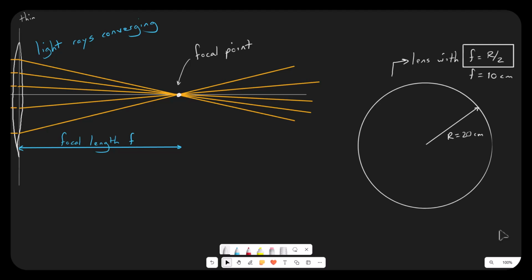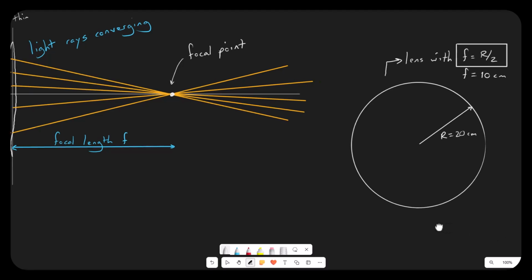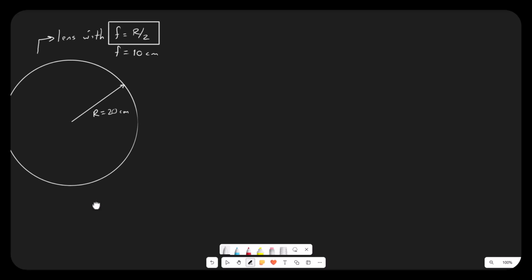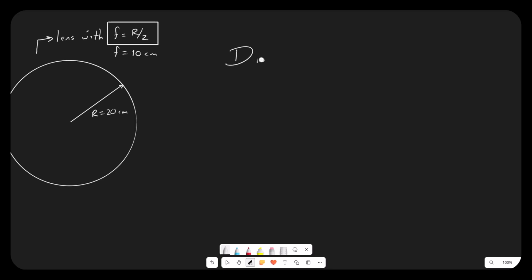If you wear corrective lenses, the unit that you will have seen instead of a focal length is something called a diopter. This is like the power of a lens. And the diopter is just 1 over the focal length.